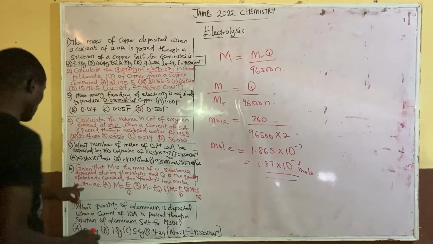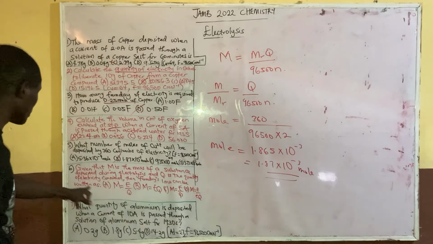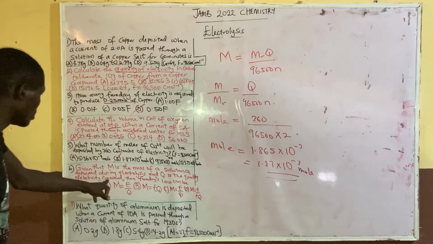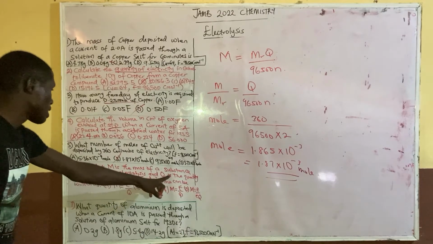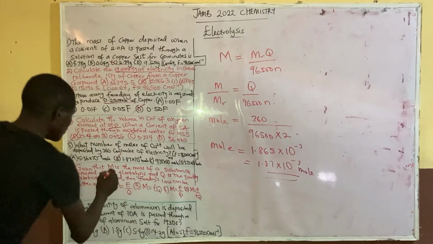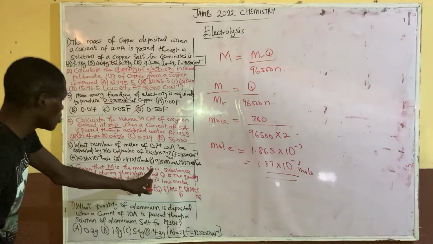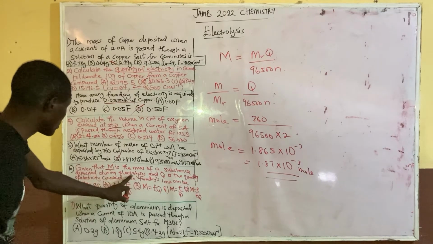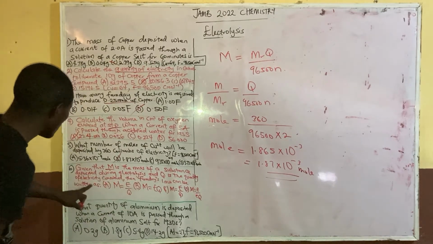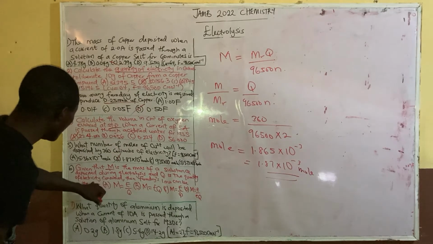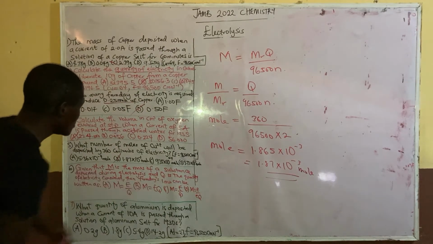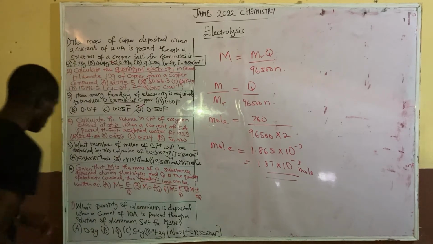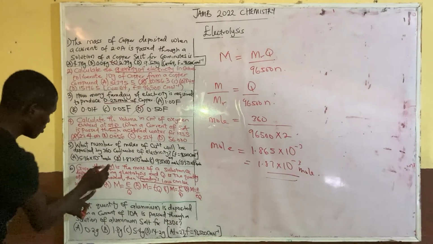Now, given that M is the mass of a substance deposited during electrolysis, and Q is the quantity of electricity consumed, then Faraday's law can be written as what?